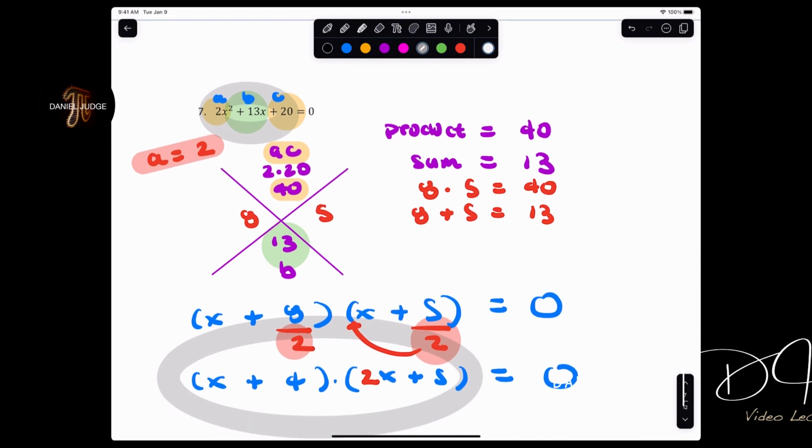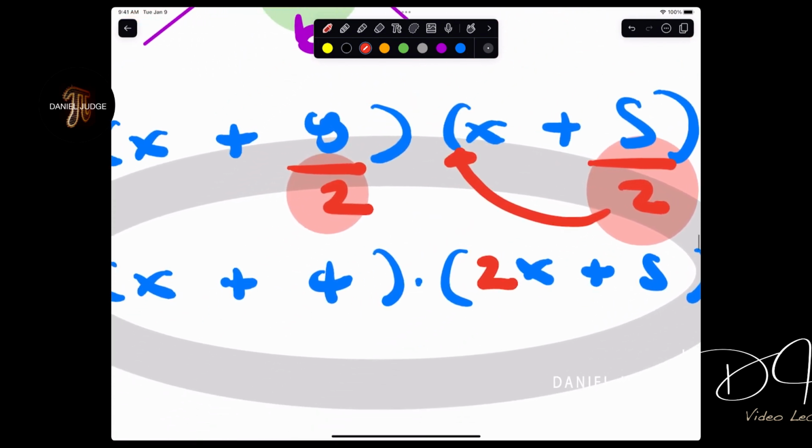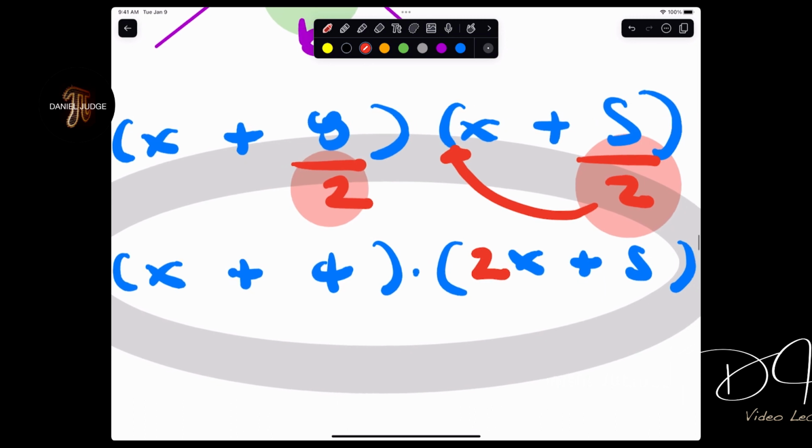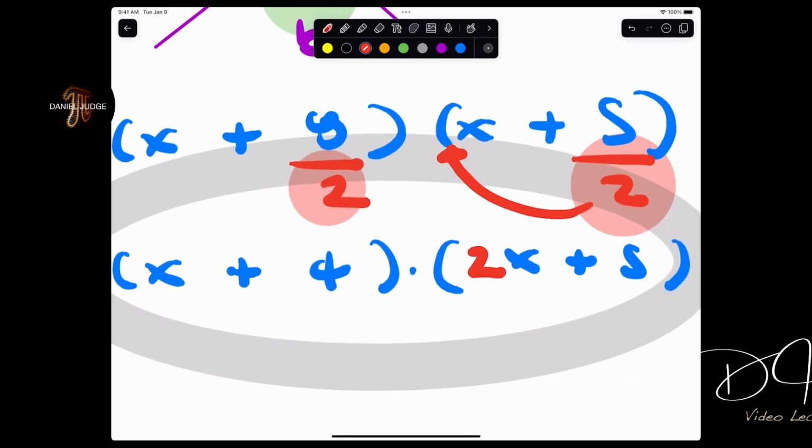And I want to make sure you understand that because sometimes a is 1 and sometimes a is not 1. In this case, a is not 1, a is 2. But this is the factored version of the trinomial. x plus 4 times 2x plus 5.